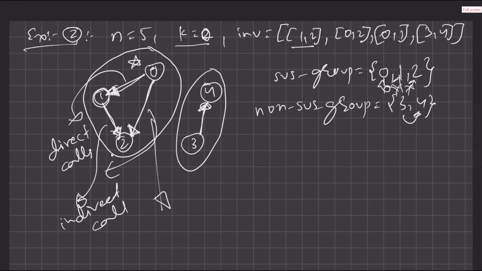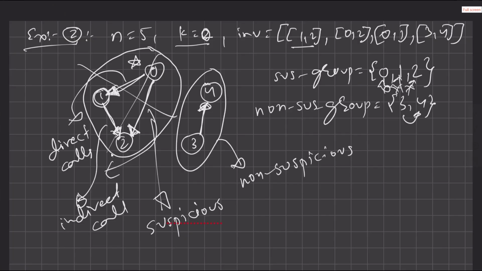This group is suspicious, and this is non-suspicious, and they are both disjoint. They are separate. Since they are separate, in this case you can completely remove the suspicious group, and you need to return the non-suspicious group, which is 3 comma 4.